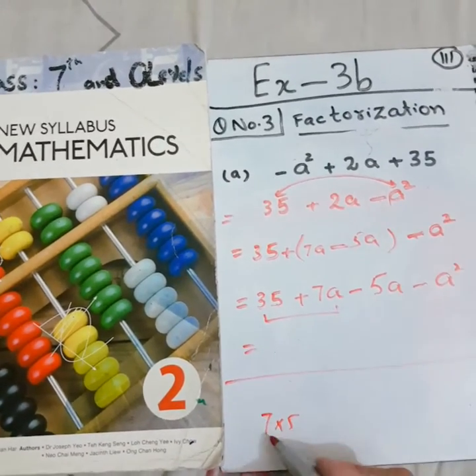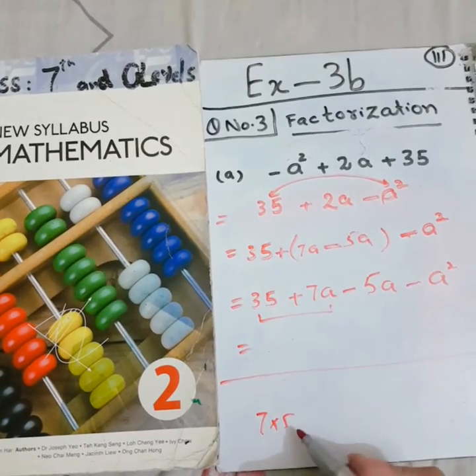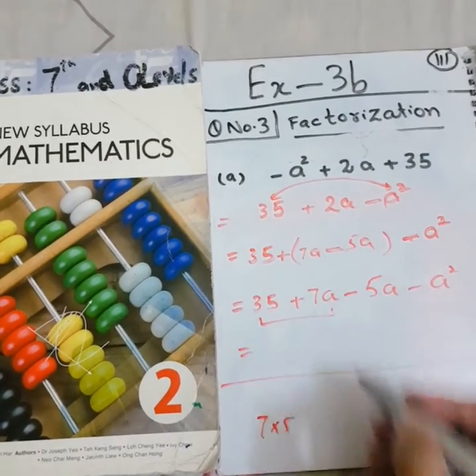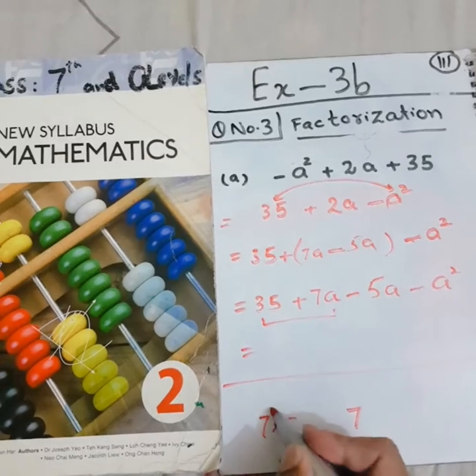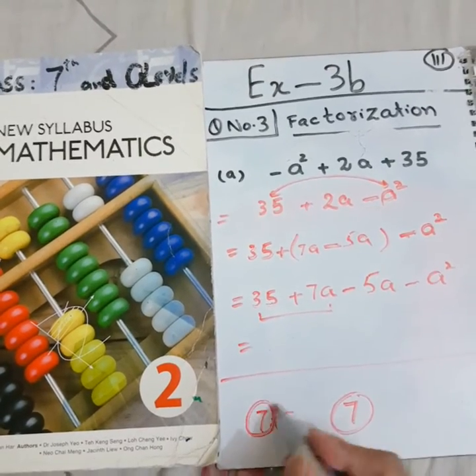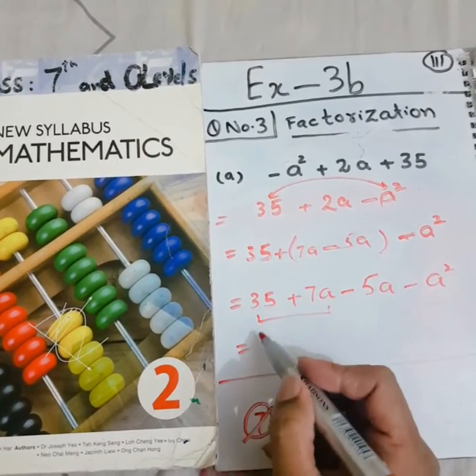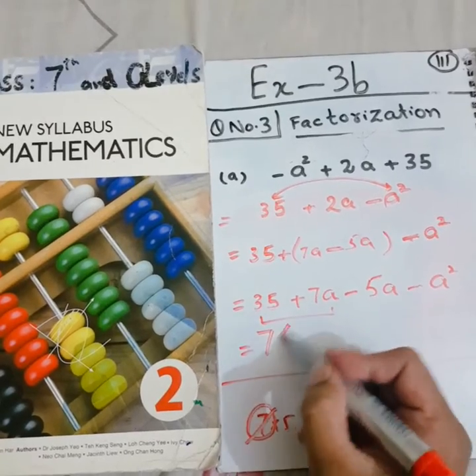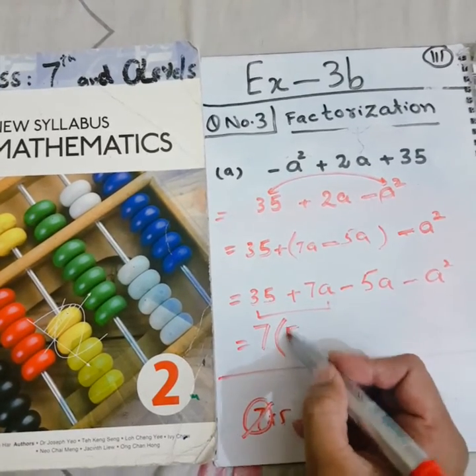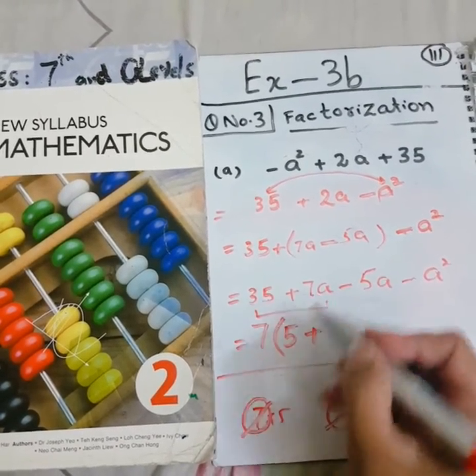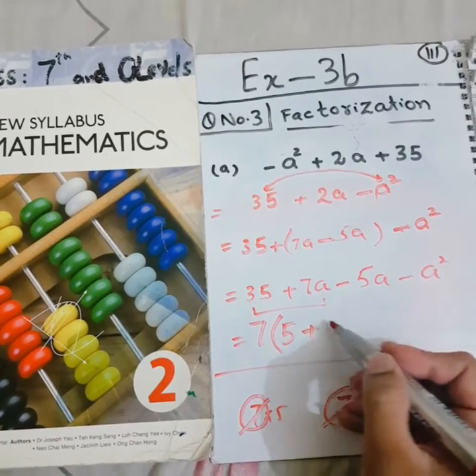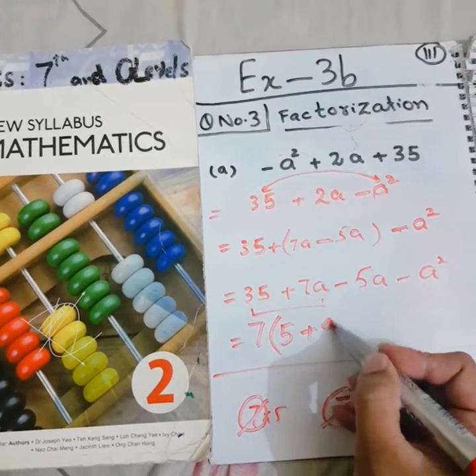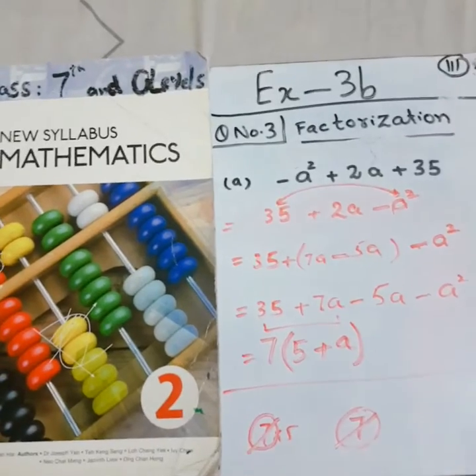In place of this 35, I have split it into two parts, like 7 multiply 5, and in place of this 7, I shall place 7. You can see 7 and 7 are common. So since these two are common, I shall place 7 here. And 7 how many times? 7 5 times 35. Since this 7 is common outside, we shall not write it again. We shall only write a here and close this bracket.